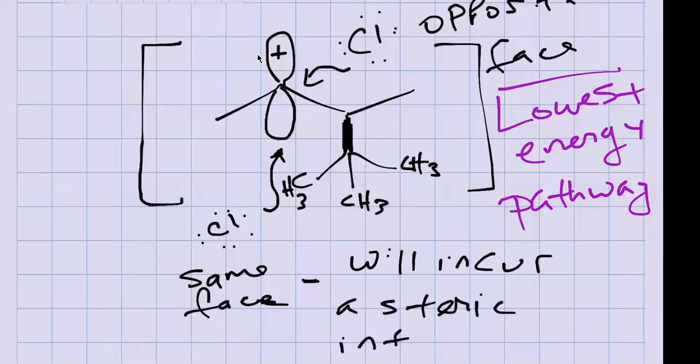So you're going to get a steric interaction here, and that is going to increase the energy. So if it comes from the opposite side where that interaction is not present, then the energy is going to be much lower. Does that make sense?